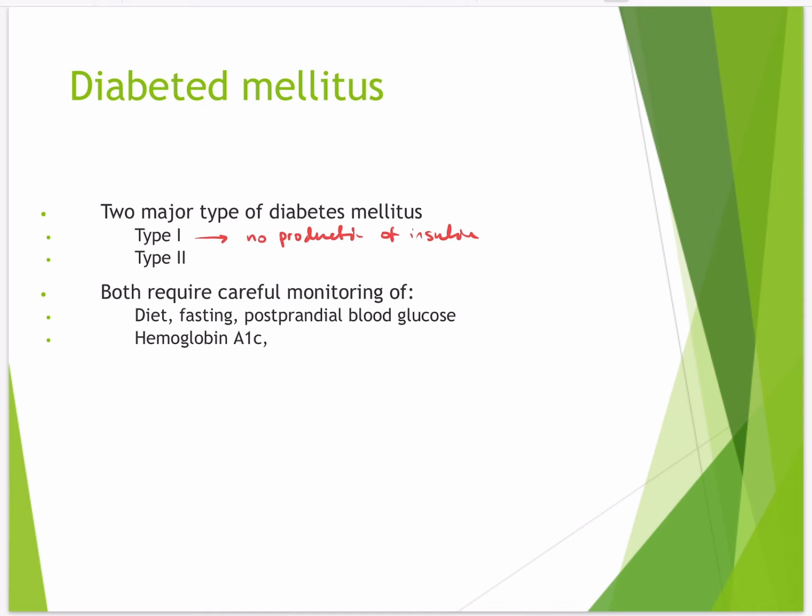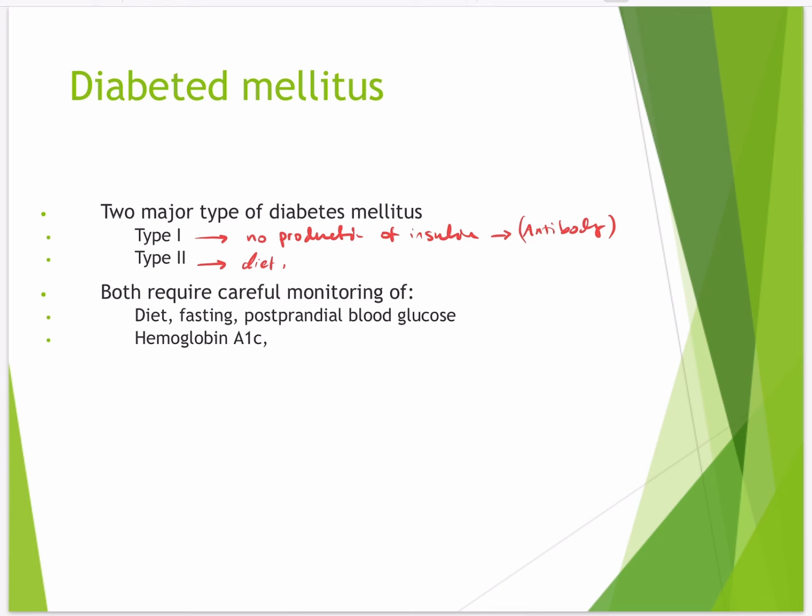But type 2, with insulin resistance, can occur in old age or in middle age, for example after 30 or 40, because of diet and other problems which can cause insulin resistance and this type of illness.